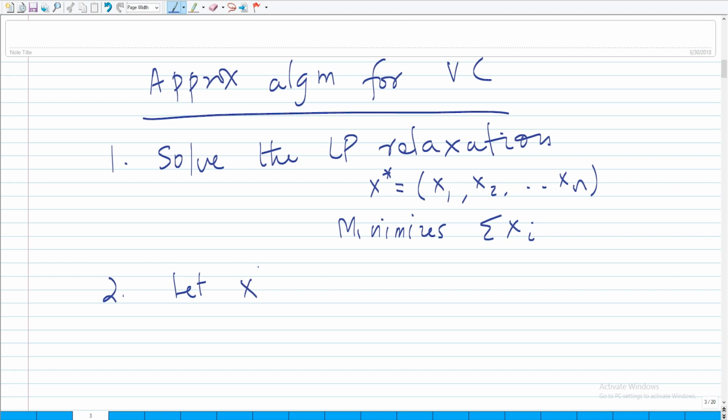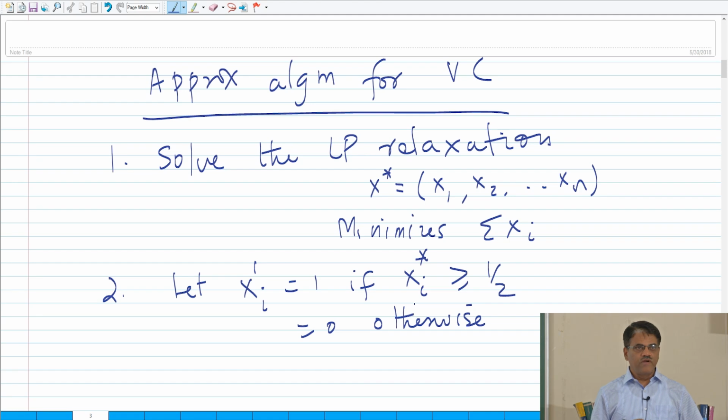So, let x i prime equal to 1 if x i star is greater than or equal to half and 0 otherwise. Seems like a natural thing to do. Because the LP is solvable in polynomial time if you throw away the integrality constraint, I can solve it. The only problem is it is going to give you some fractions, and whenever something is greater than or equal to half, I round it to 1, otherwise round it to 0, and I get some x i prime.